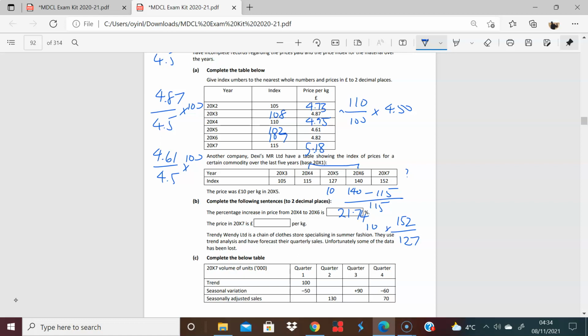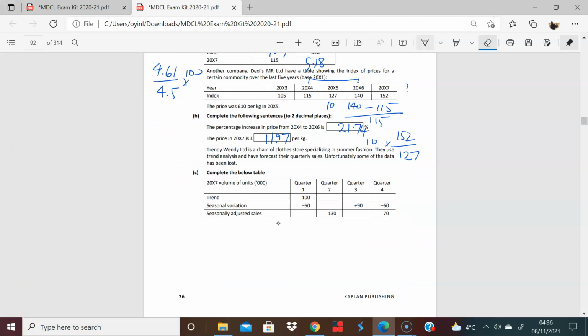This is the change times that £10. So I have 152 divided by 127 times 10, and the price here is £11.97 to two decimal places. And that's how we deal with part B.